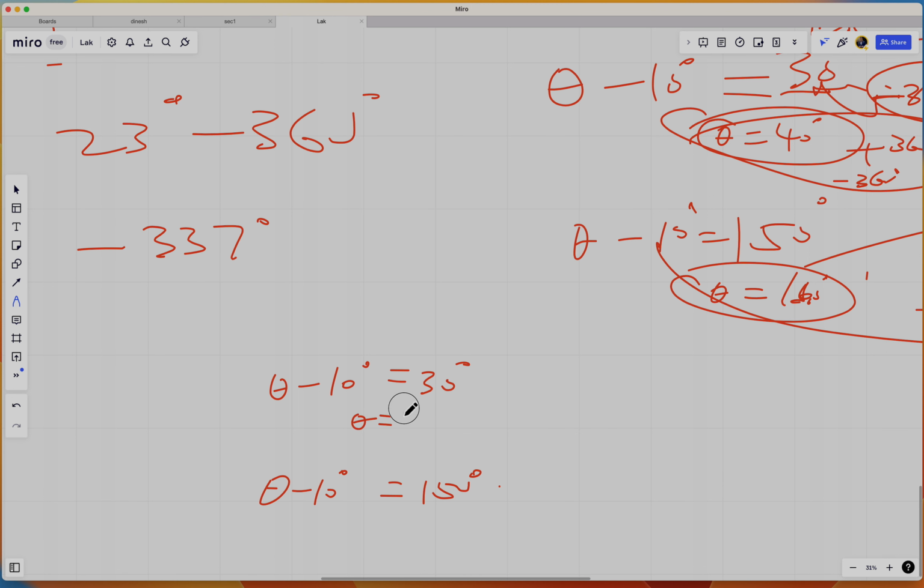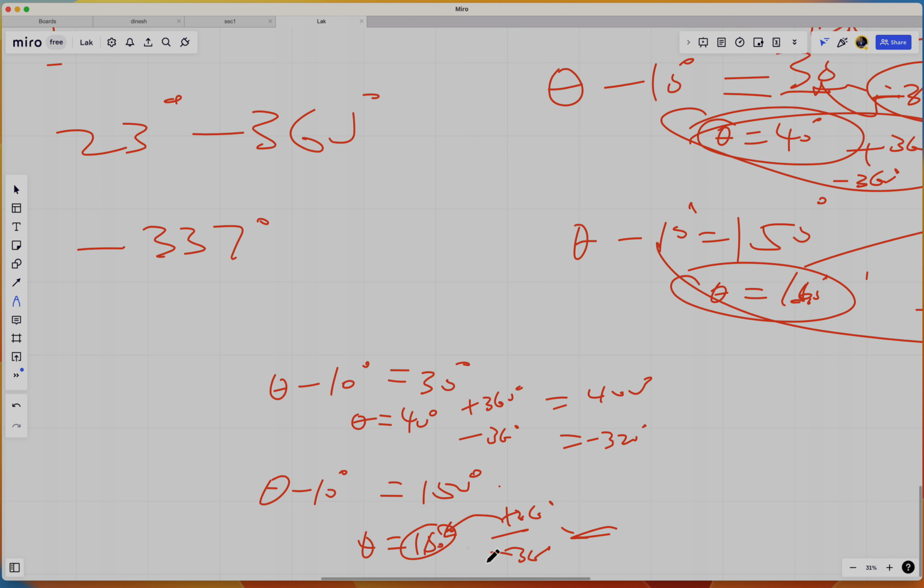You get the theta equals to 40. You get the theta equals to 160 in this case. You go and add 360 to it, you will get 400. Then you go and minus this, you get minus 320. Then after that, you can do the same thing, plus 360, minus 360. So you go and do 360 to the theta, you go and do the minus 360 to the theta.